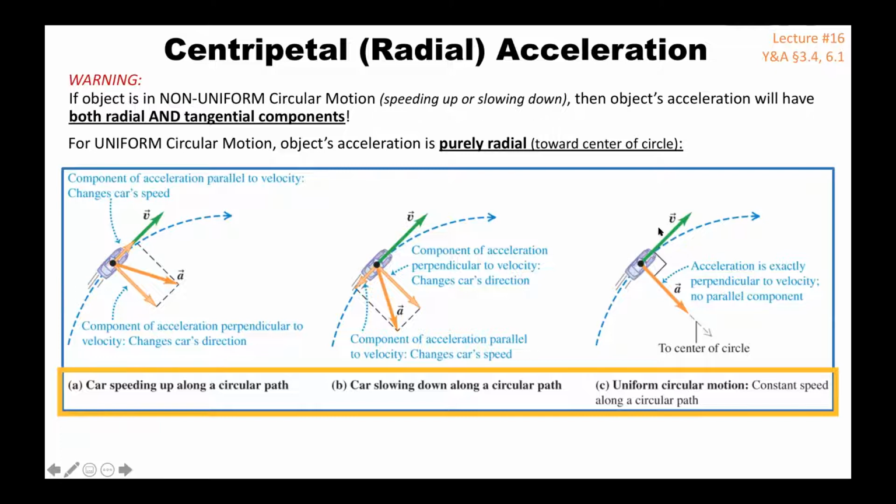Then there's no tangential acceleration at all, like there is in these previous two examples. These are the tangential components of acceleration, and all we have is the radial component of acceleration, and that's it. Okay, so this is the situation for uniform circular motion, which is what we already know. I just wanted to point out that if you speed up or slow down the object, then there's a component of acceleration that leads the center of the circle or lags the center of the circle.